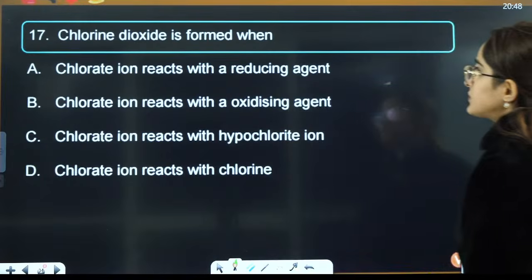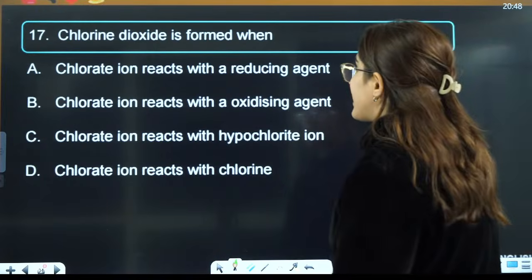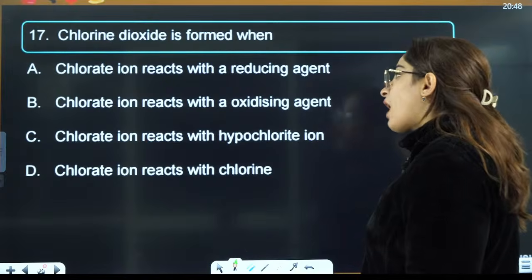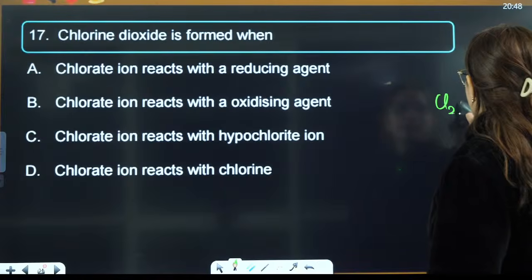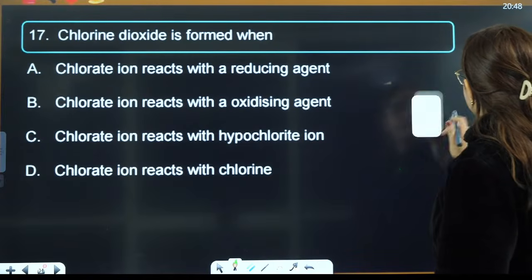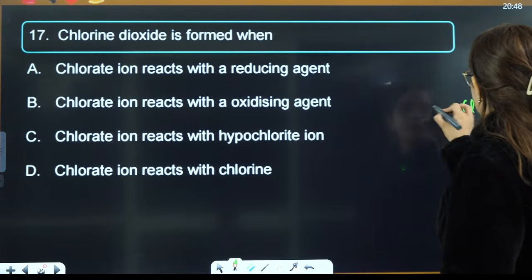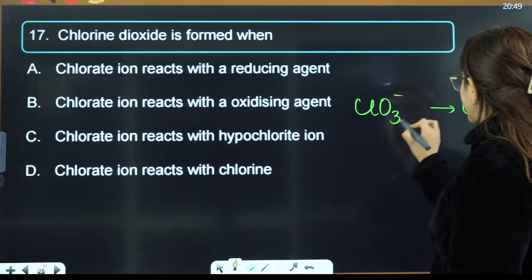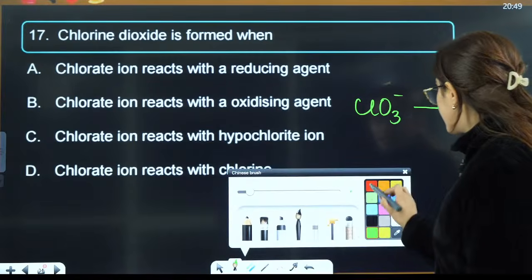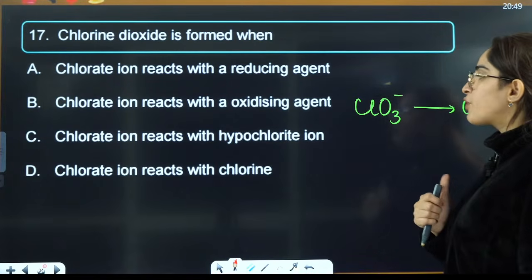Okay. Then, chlorine dioxide is formed when? Now again, these questions: chlorine dioxide is ClO2, right? This is formed from chlorate, ClO3 negative. Let's see how it is formed from the chlorate ion.